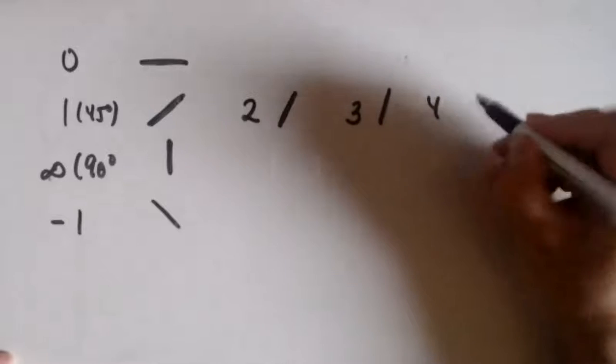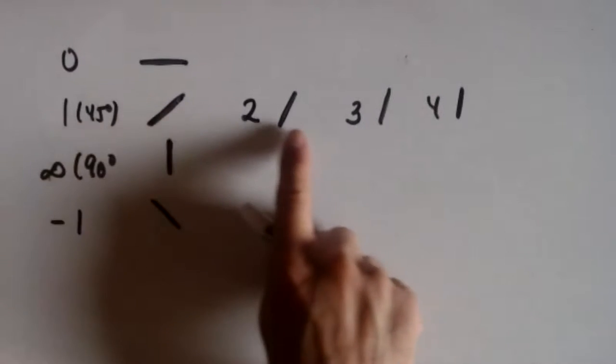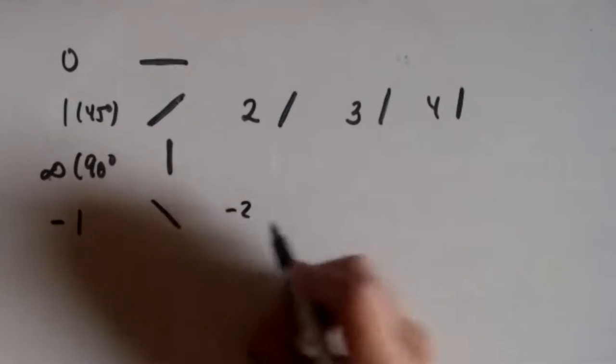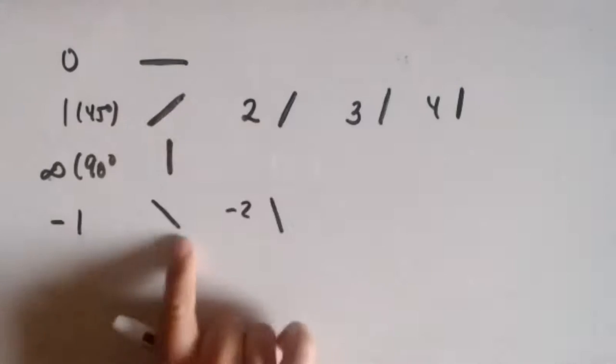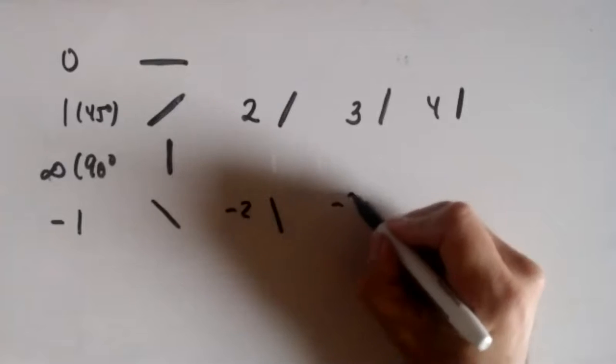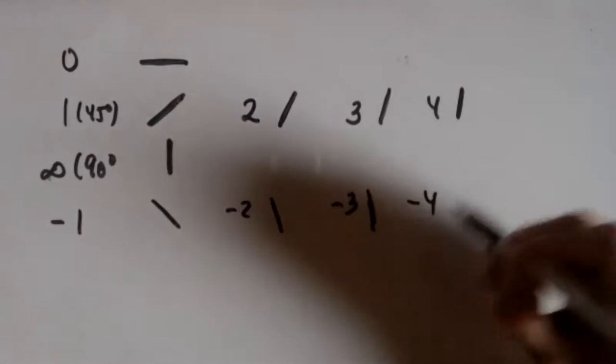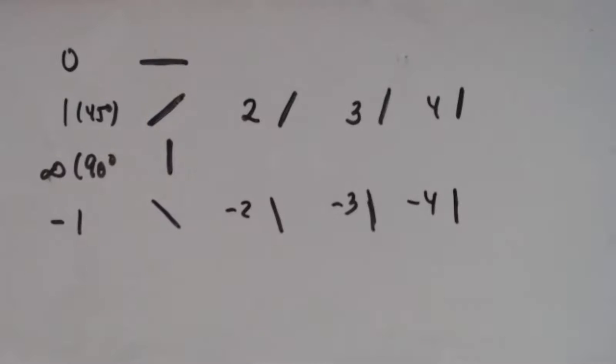And if you want 4, even more steeper, correct? So you know that the slant increases as the value of the slope increases. Same if you want -2, you have something like this, more than this. You want -3, you have something like this, even more. And if you have -4, it's practically vertical, right?